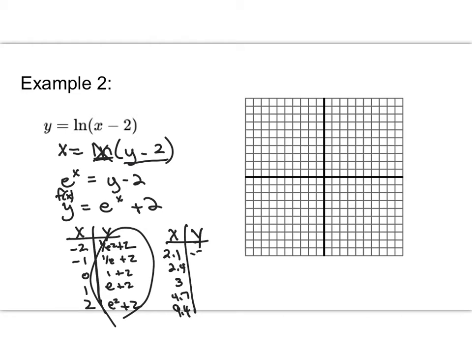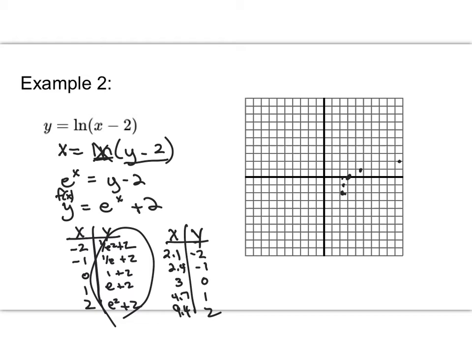And then I just take and move my x values over to my y values, and I'm going to graph it. When x is 2.1, y is -2. That's over here. When x is 2.4, y is -1. When x is 3, y is 0. When x is almost 5, y is 1. And when x is almost 9.5 actually, y is 2.